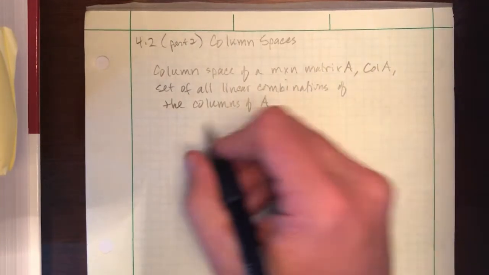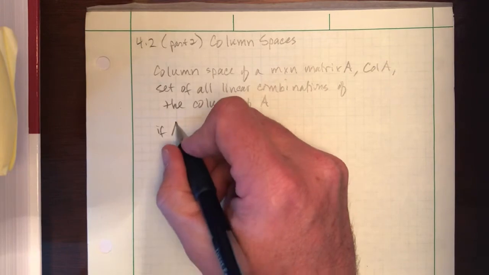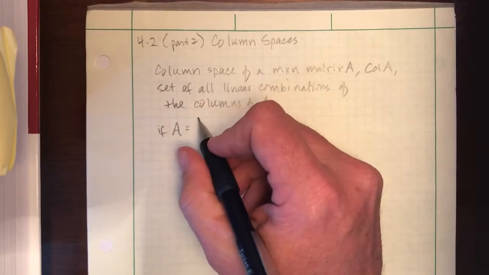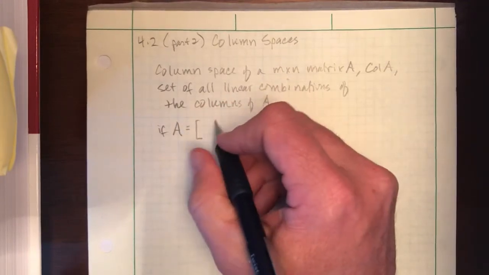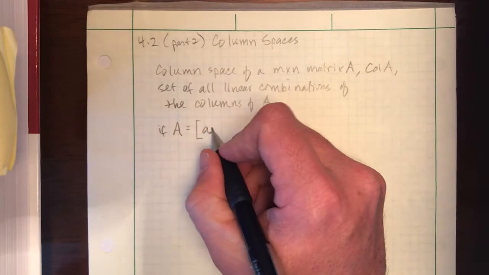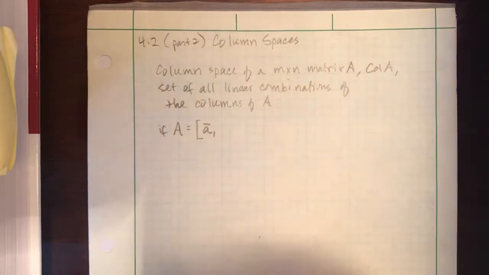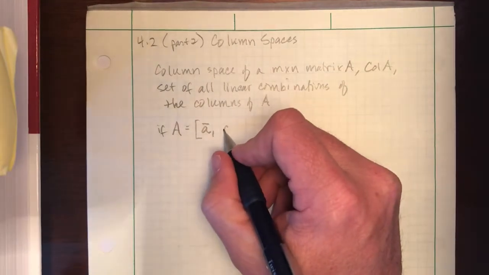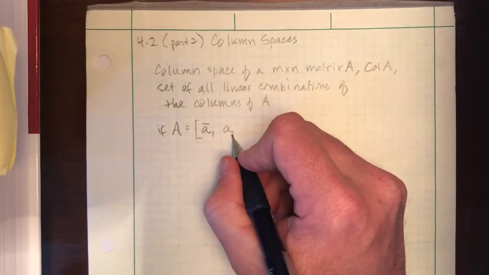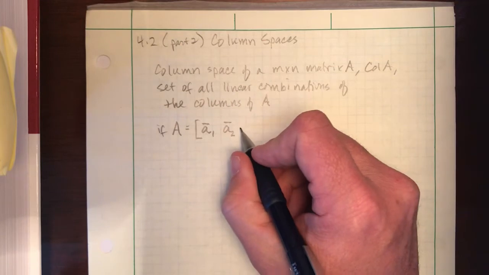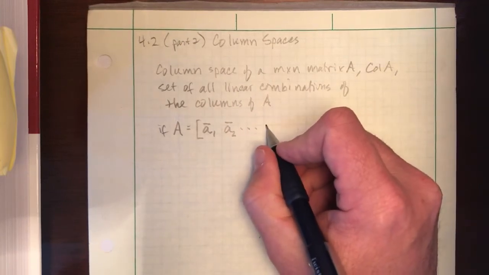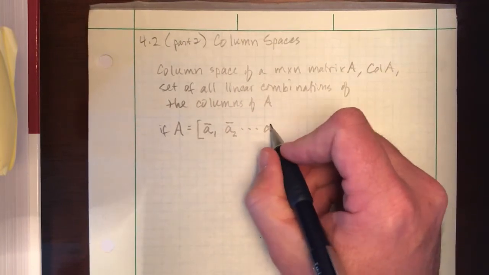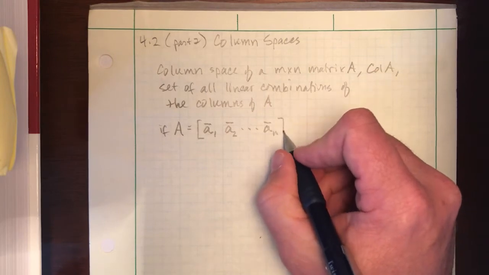Another way to show that, let's say I have a matrix A which consists of a column vector, which I'll call A1. And next to that is a second column vector called A2. And we continue that until we end up at my last column, A sub n.